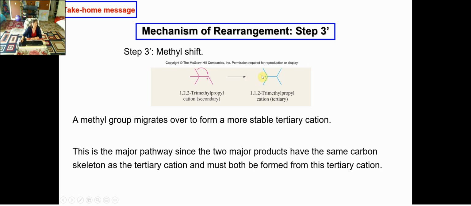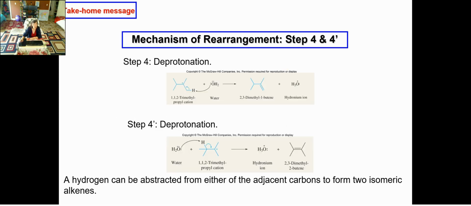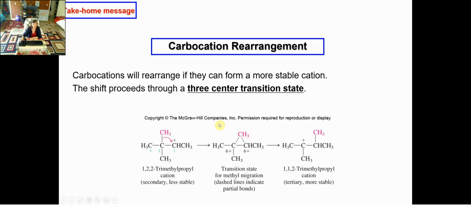This is more stable. That's why you produce 3 different isomers. And also you can undergo something we call the hydride shift. That hydride shift also results in 3-membered rings.